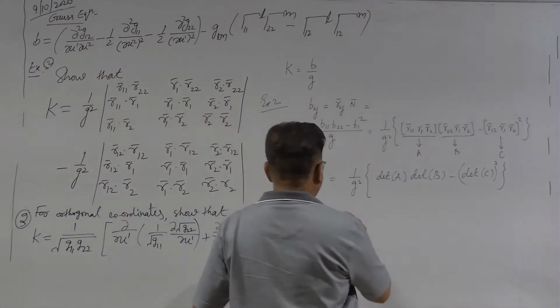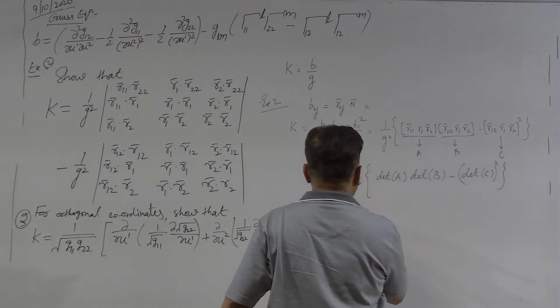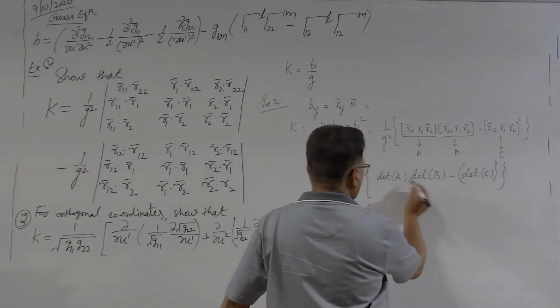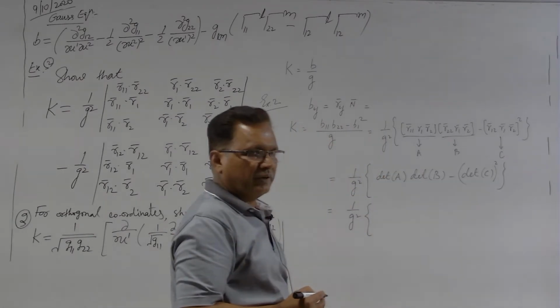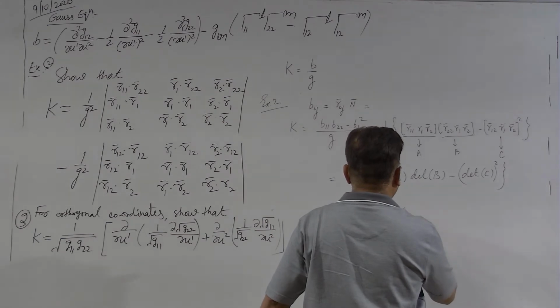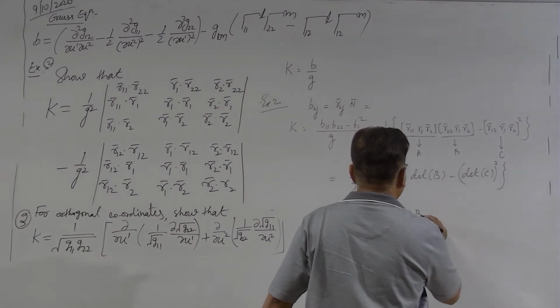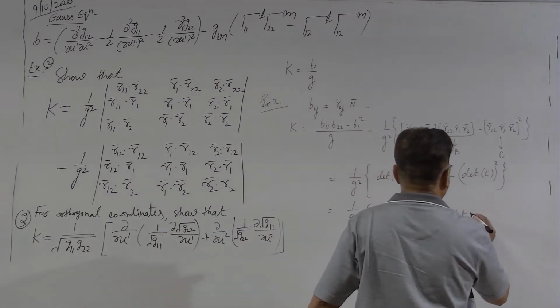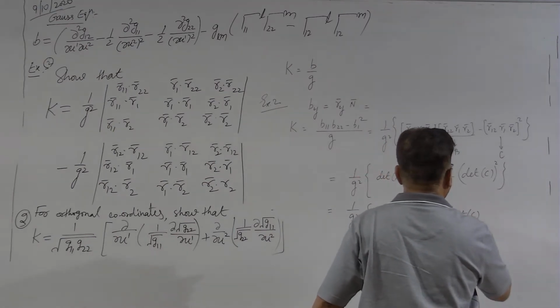So, this can be rewritten as 1 upon G square into, now determinant of the product equals product of the determinants, so this becomes determinant of the product of the matrices A into B minus determinant of the matrix C whole square.